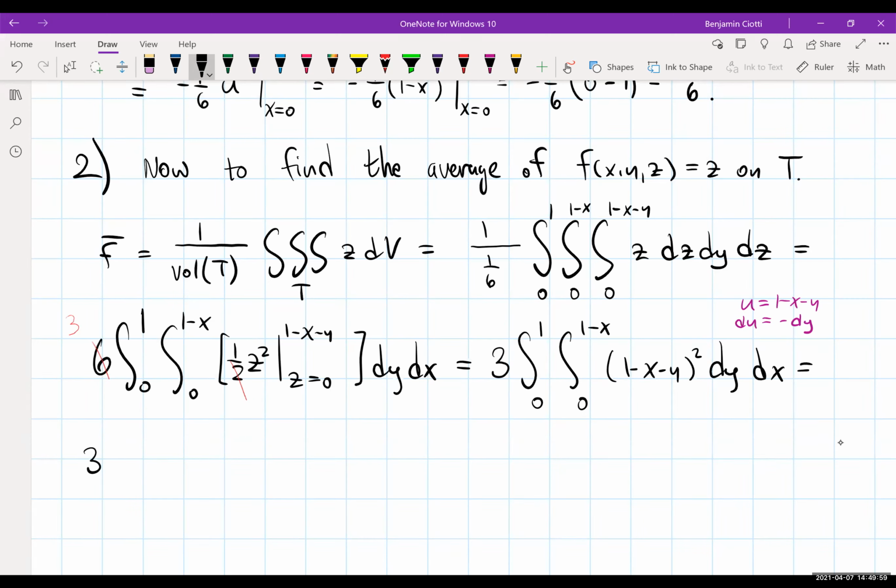So we're going to get 1/3 times 1 minus x minus y cubed. I'm skipping a step here with the substitution, so I can explain more details about this. If you're confused on this step, hang around after class.